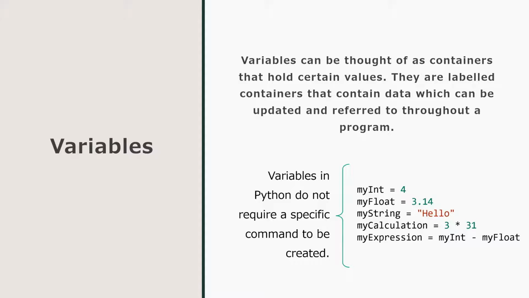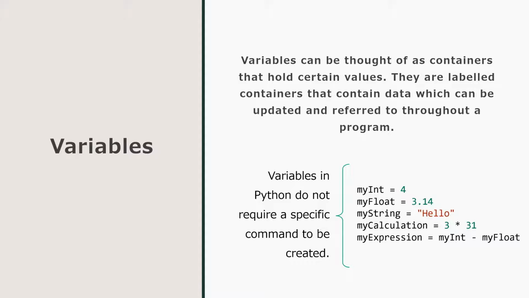Those last two lines are very interesting because they show that you can store calculations and expressions in variables, specifically that last line. That last line has no explicit numbers. The Python language looks into these containers, sees what's in them, grabs those values, and then does the expression. In this case, myInt is equal to 4, myFloat is equal to 3.14.